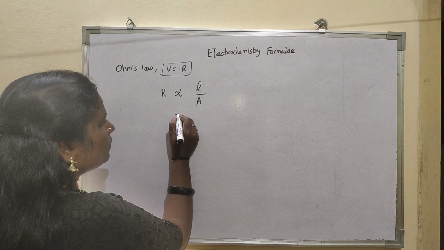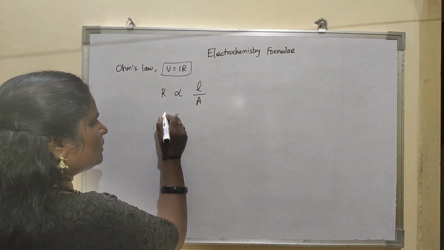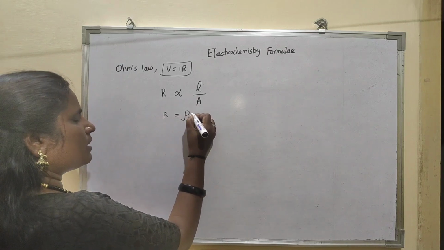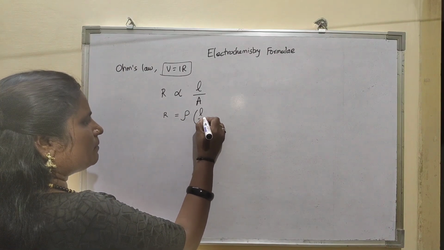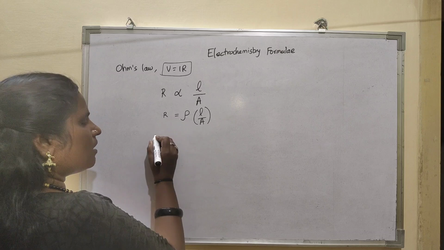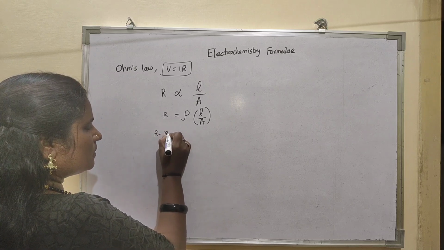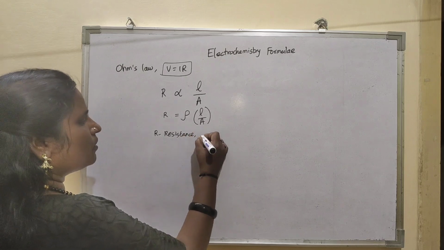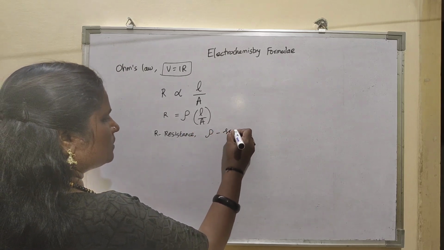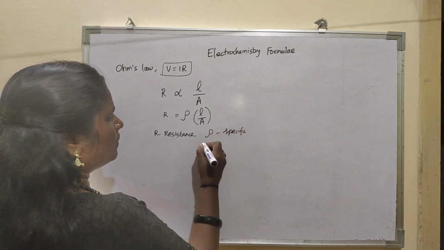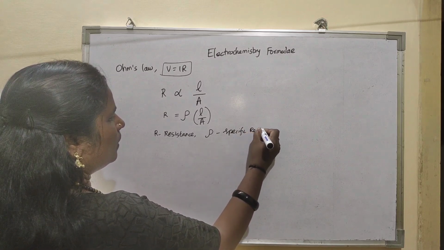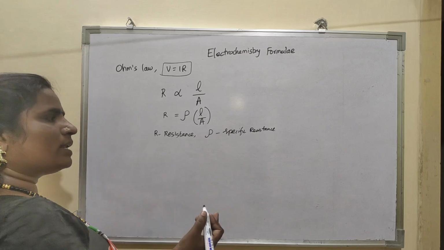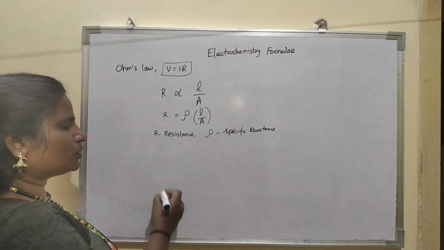So in order to make it equal, we put the proportionality constant, known as rho. R equals rho into L by A, where R is the resistance, rho is the specific resistance, L is the distance between the two electrodes, A is the cross-sectional area of the electrode.